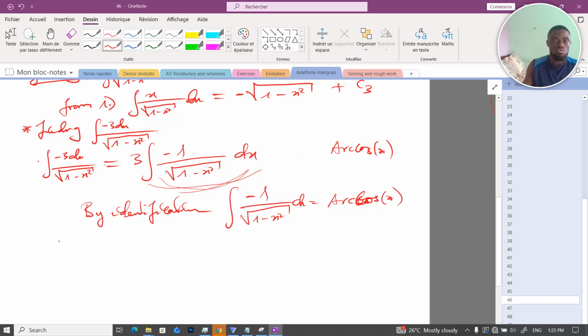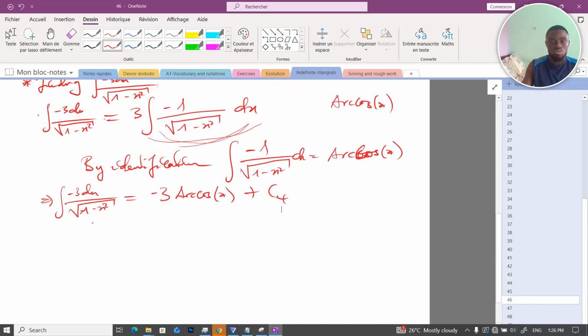Is that okay? So it implies the integral of minus 3 dx all over the square root of 1 minus x squared will be equal to minus 3 times arc cos of x plus the constant of integration c4. So it implies our integral, the integral of x minus 3 all over the square root of 1 minus x squared dx will be equal to what?